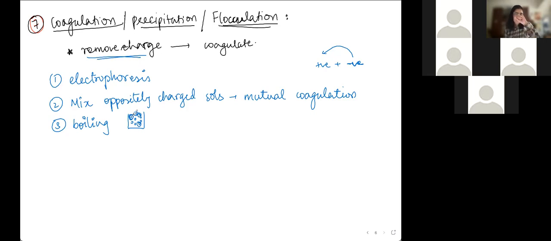Adsorption, if you remember, physical adsorption happens at lower temperatures. At higher temperatures, the attractive forces are just not sufficient to keep them together. So by boiling the mixture, you're increasing the temperature and getting rid of the attractive forces on these charged particles. So all of them will come out.